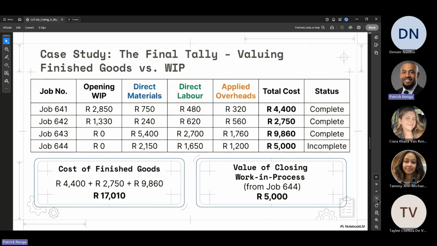All right? So now, let's move on to the work in process or the finished goods. Very interesting. So the entire question is in your textbook, but this is a good summary of it. And I want you to see what is very important here.